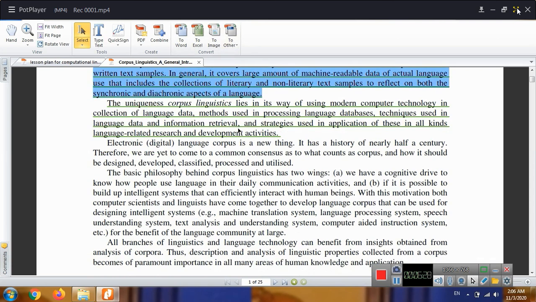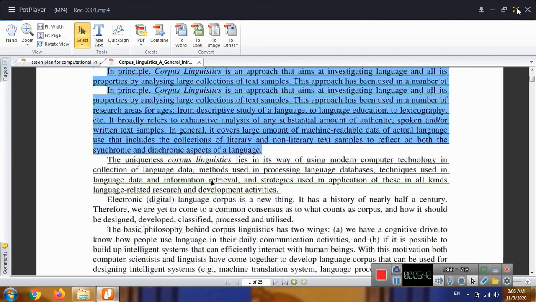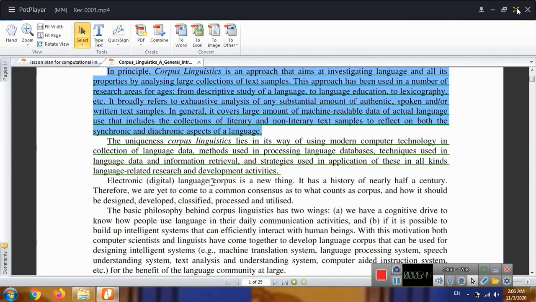Here you can see the important matters which lie in these two paragraphs, but I will read all of these articles because you should be able to read articles and be familiar with the structure of articles.